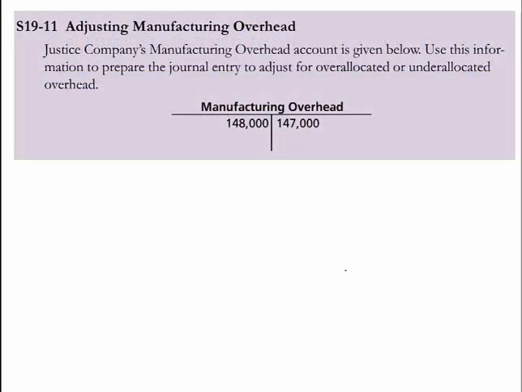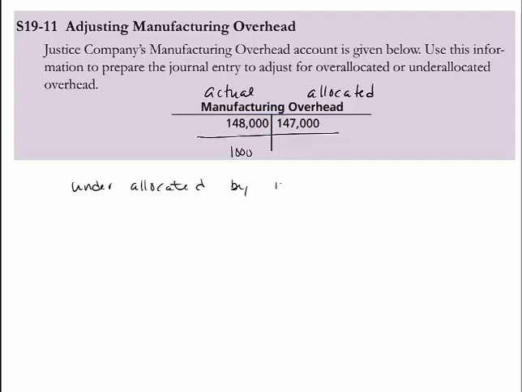In this one, here's what we ended up with at the end of the year. Again, here's my actual on the debit side and my allocated over here on the credit side. So in this case, I end up with a balance on the debit side of 1,000. So that means I am under allocated by the difference there, which is $1,000.